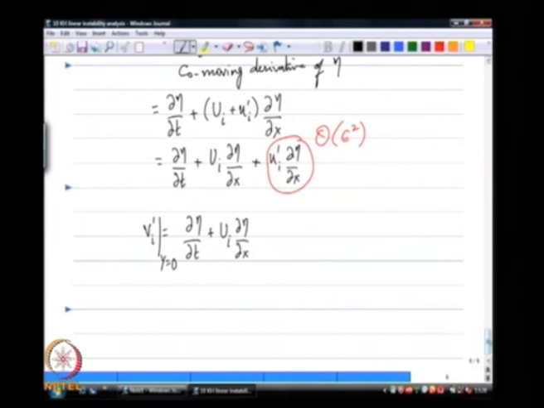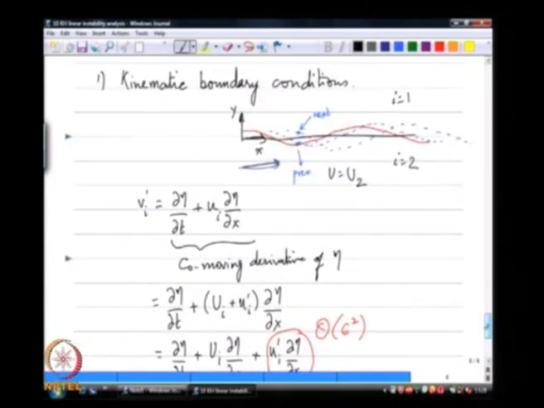Now, remember we are talking of the fluid velocity on the meniscus, right there. This fluid particle used to be there, now it is here and now it is down here. So, at this x location there is a negative y velocity because the slope is negative, with d eta dt being positive.